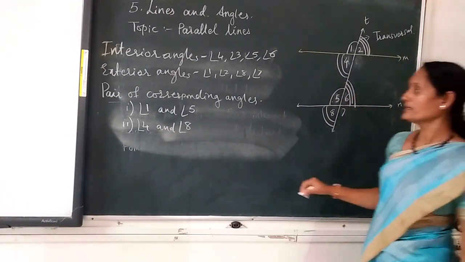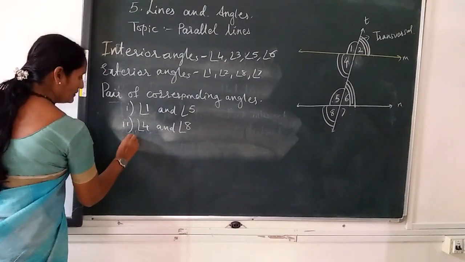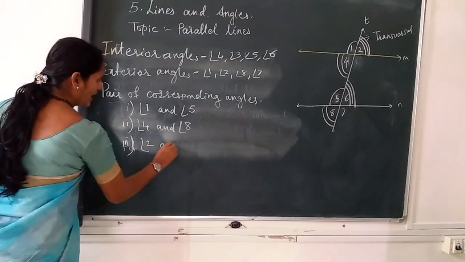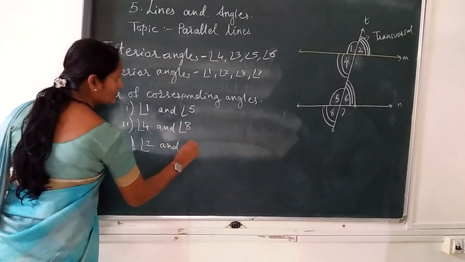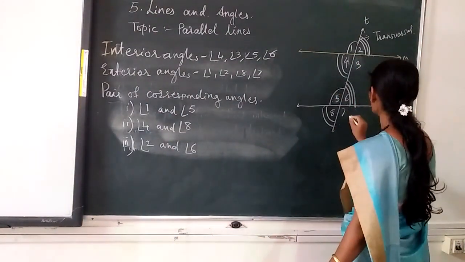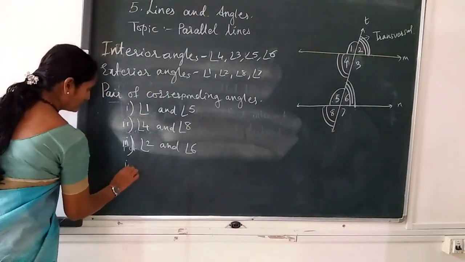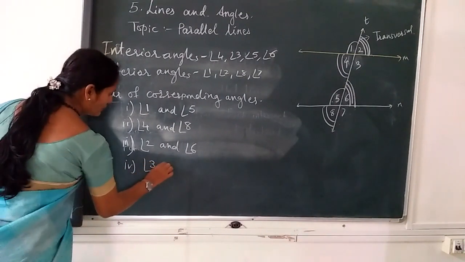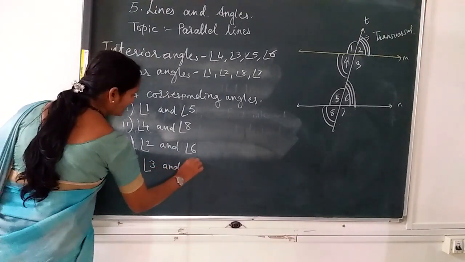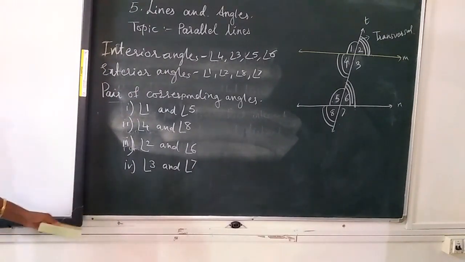These two angles are equal. So your third pair is angle 2 and angle 6. And the next pair you will get is 3 and 7. So these angles are known as corresponding angles.